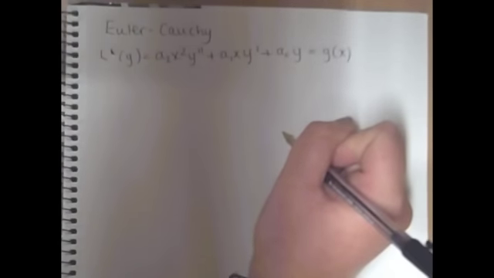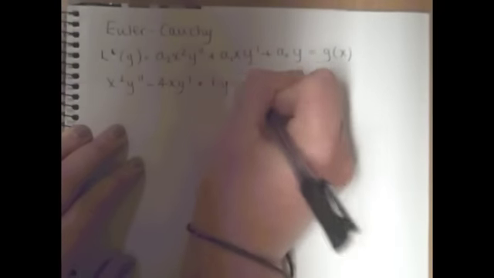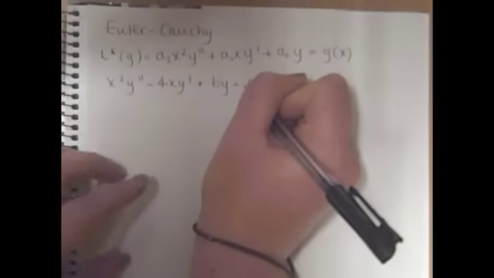Looking at an example where g(x) = 0, which is a homogeneous equation, so we're going to use x² y'' − 4x y' + 6y = 0. We first apply the trial solution, which is y(x) = x^m.